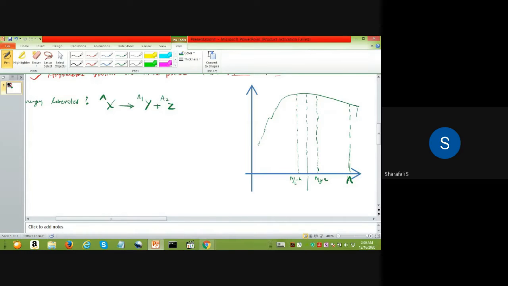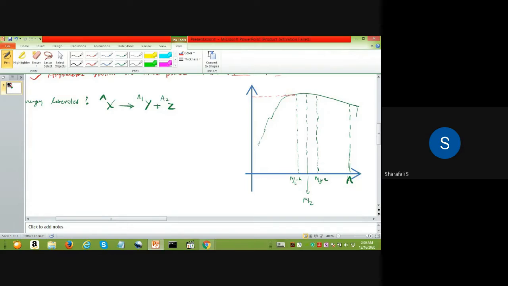So this is the point which is A by 2, and let's take the energies. I should have drawn it with some more gap, but anyway.